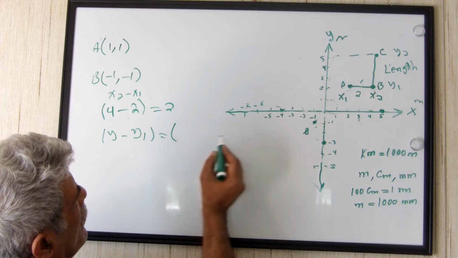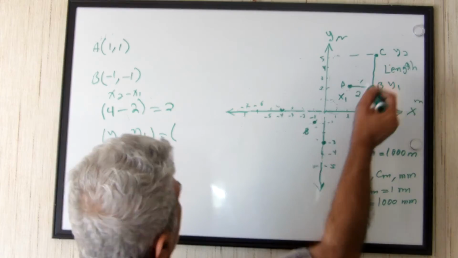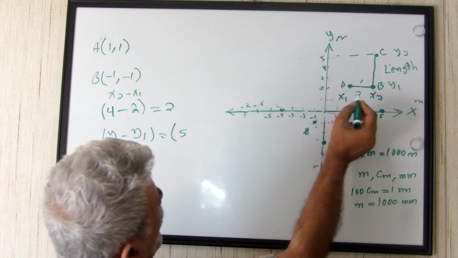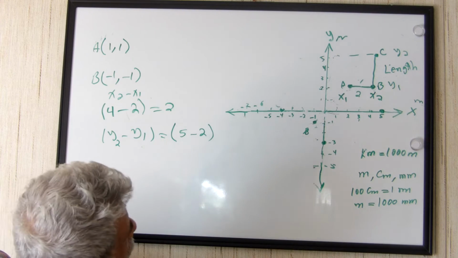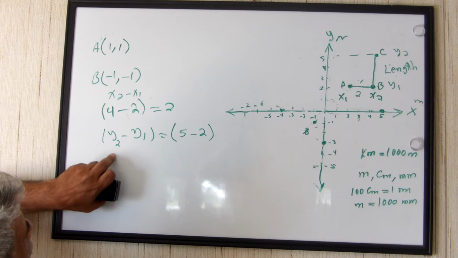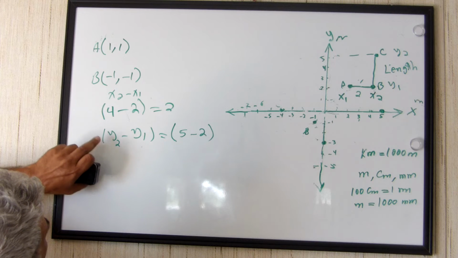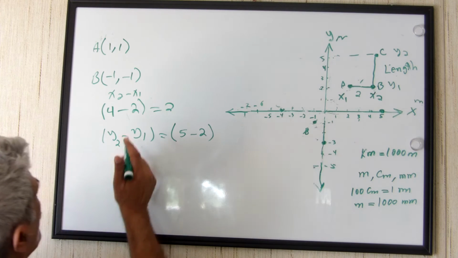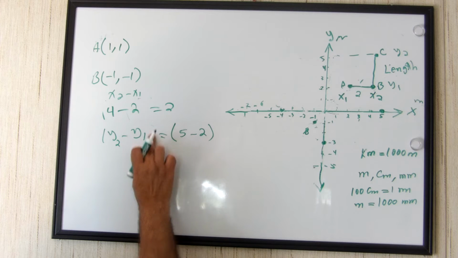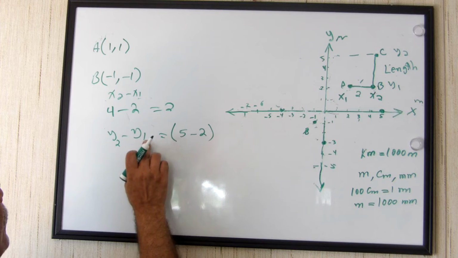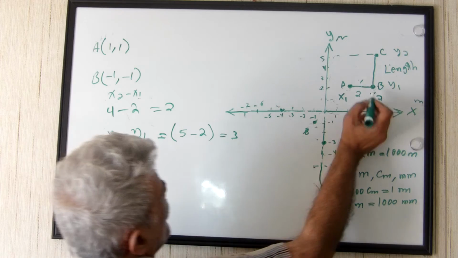So y2 minus y1 is 5 minus 2, which is 3. So the length of this one is 3.